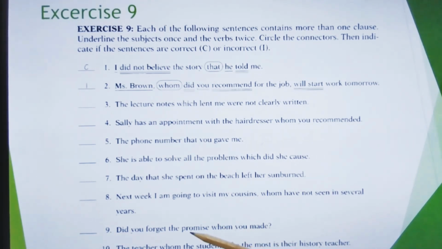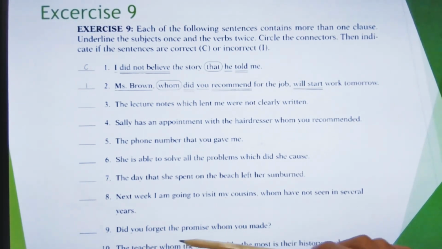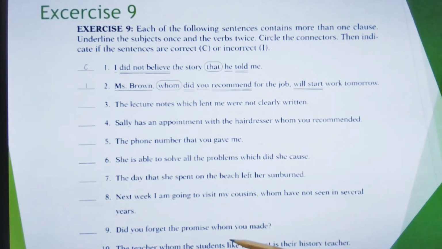Because it is about a promise, it is not people. Remember that whom is for people. But there's no people here, right? So you have to pay attention to the promise. So it should be correct if the sentence is like, did you forget the promise that you made? Okay, so you just omit this and change to which or that. To make it simple, just use that.